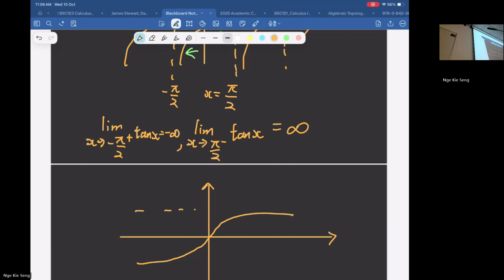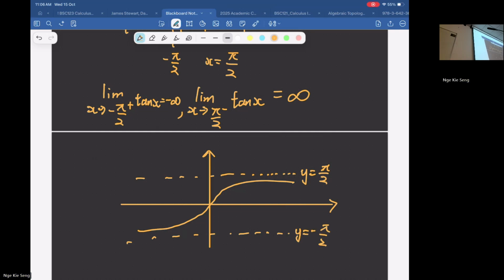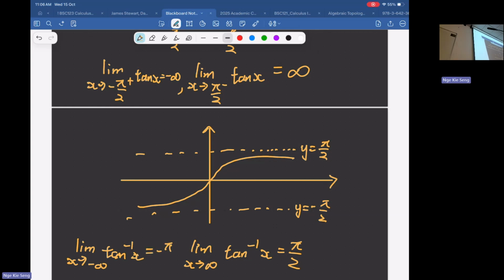It approaches two horizontal asymptotes: one is y equals pi over 2, the other is y equals minus pi over 2.